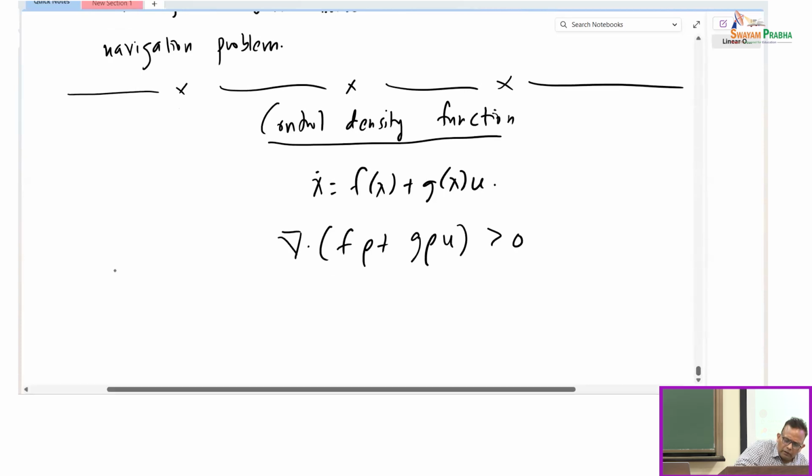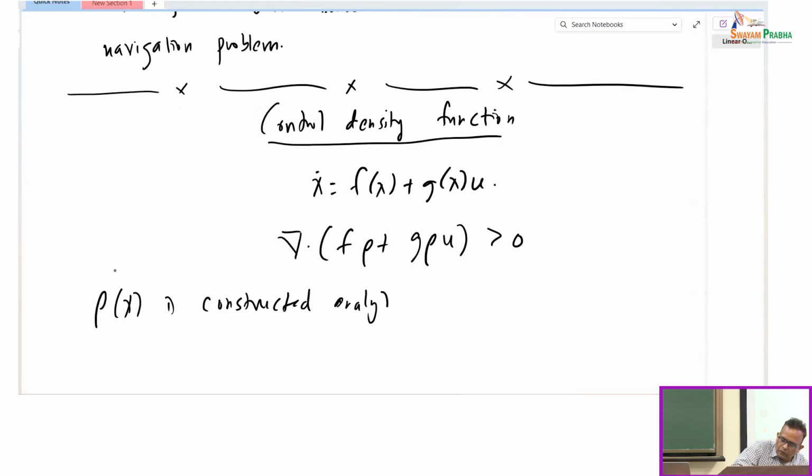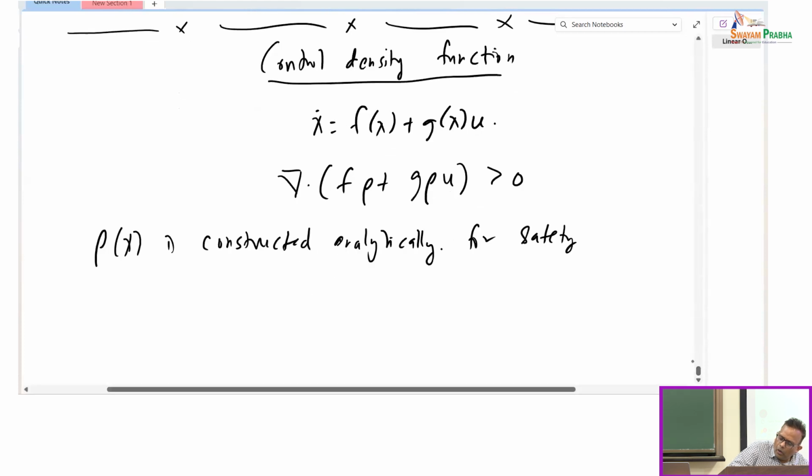Now, for control density function, since the rho of x is constructed analytically for safety, all I have to construct is u equal to k of x.